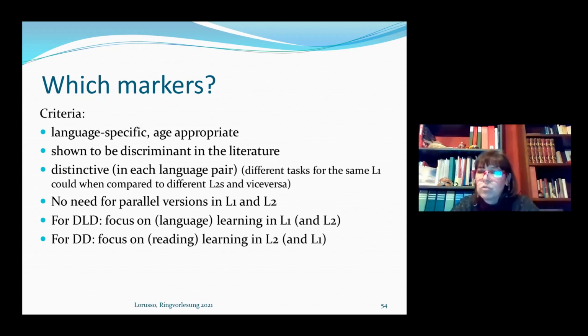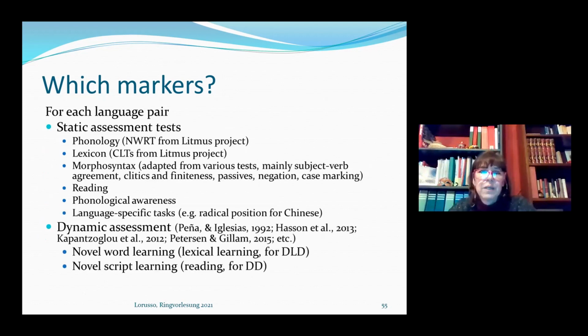So the focus was on the two different components of their bilingualism in the two age groups, and for the two different goals of detecting language and reading disorders.